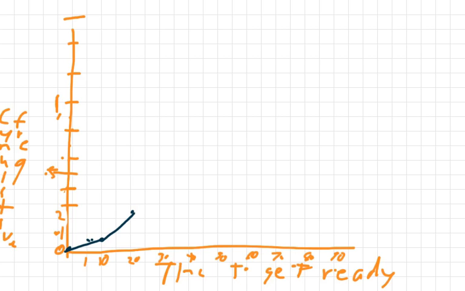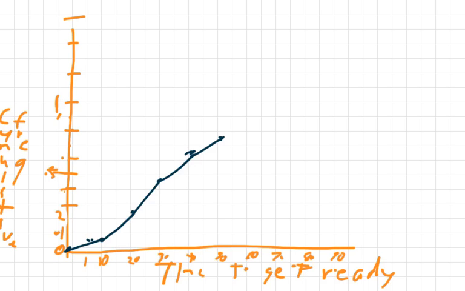Then for 30, 0.49, which is there. Then we got 0.632 for 40, which is about right there. Then for 50, we had 0.755, which is about right there.